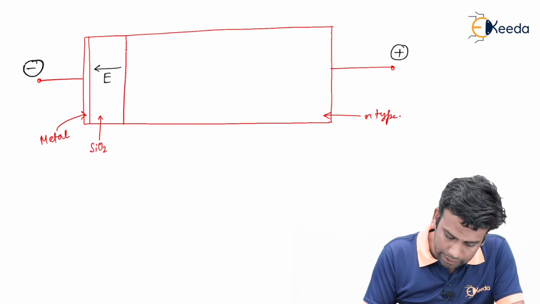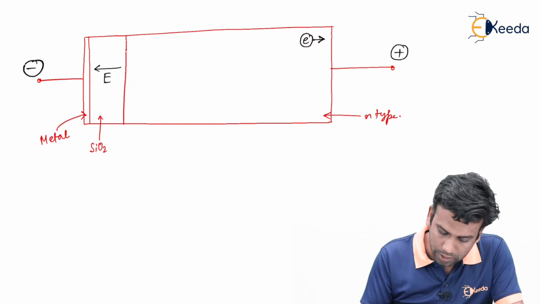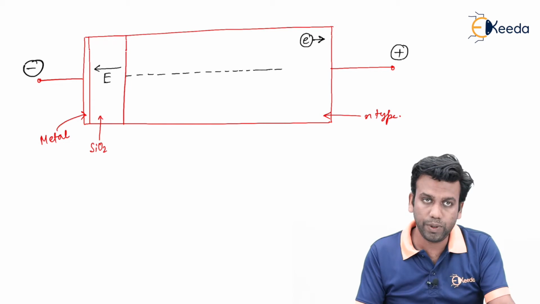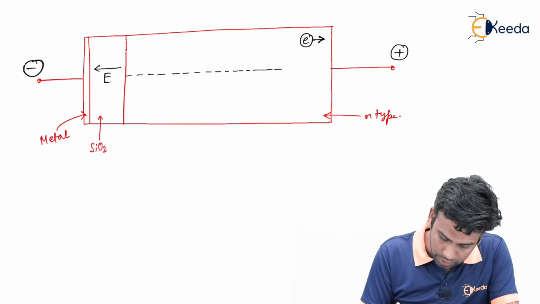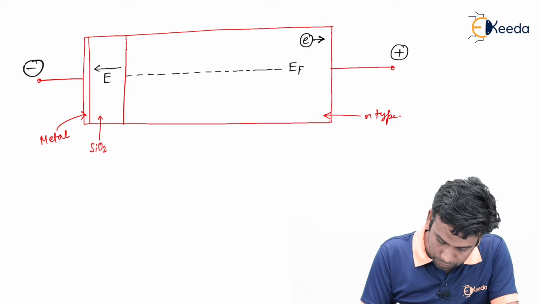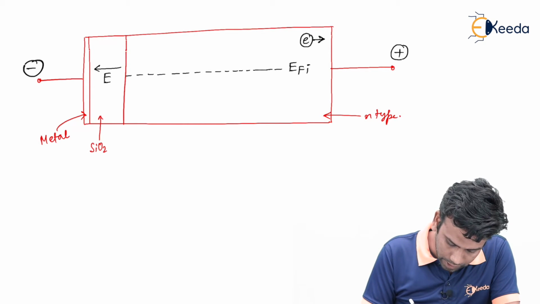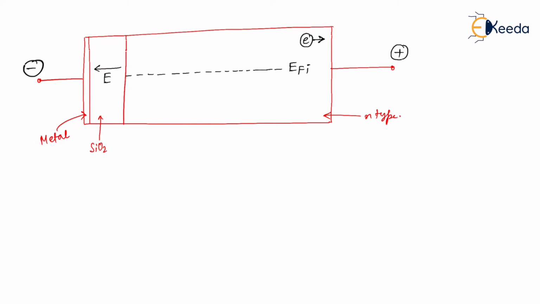That's why the electrons of the N type are now directed towards the positive polarity, and we know that before applying this positive polarity, the band diagram was like this. This is the EFI, this will be the conduction band, and this is the valence band.